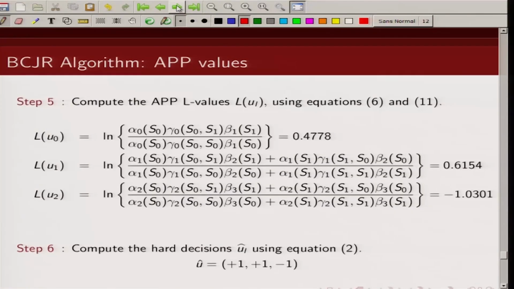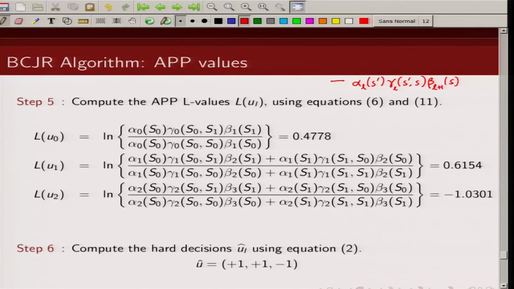If you recall, the APP value was a product of 3 terms: alpha, gamma and beta. So, the product of these terms. And what was the term in the numerator?